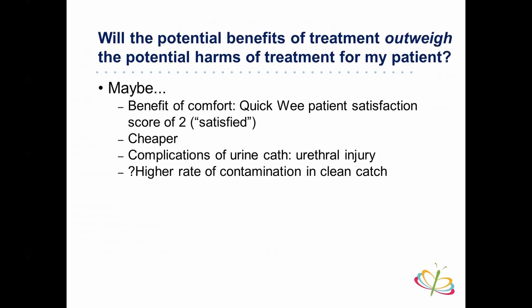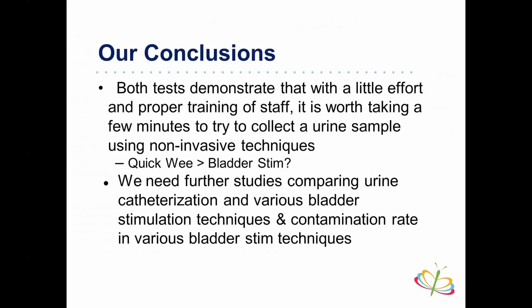So our conclusions. Both tests demonstrate that with little effort and proper training of staff, it's probably worth taking a few extra minutes to try to collect a urine sample using these non-invasive techniques. Quick wee is better than bladder stim, considering that only one person is doing it versus 3, and it was a randomized control trial, so it's higher on the study hierarchy.